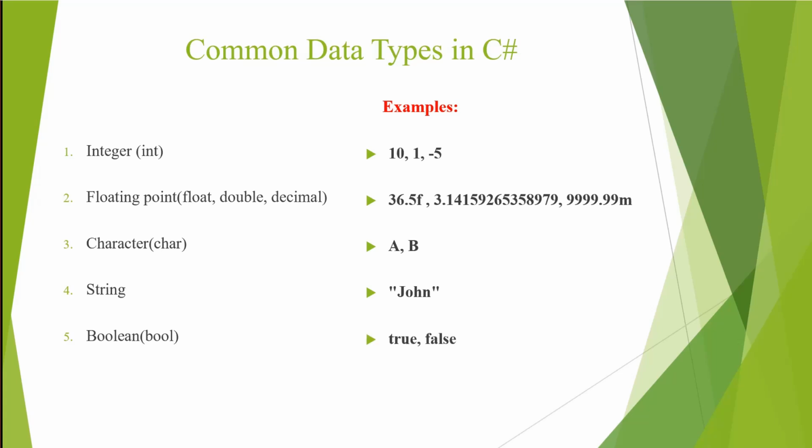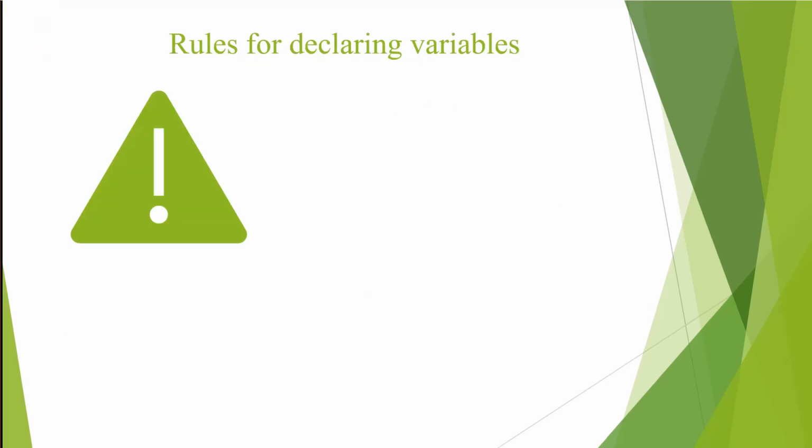Boolean, or bool, stores true or false, like a variable to show if a store is open or not, and can hold a value of true or false. These were some of the most common data types in C#. Each type serves a different purpose, and as you start coding, you will get more familiar with when to use each one. There are some rules in declaring variables.